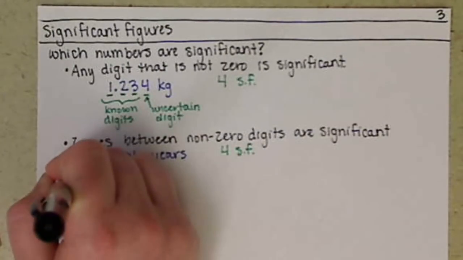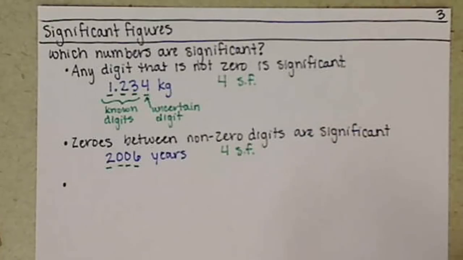Now, here's a rule where zeros are not significant. Zeros to the left of the first non-zero digit are not significant.